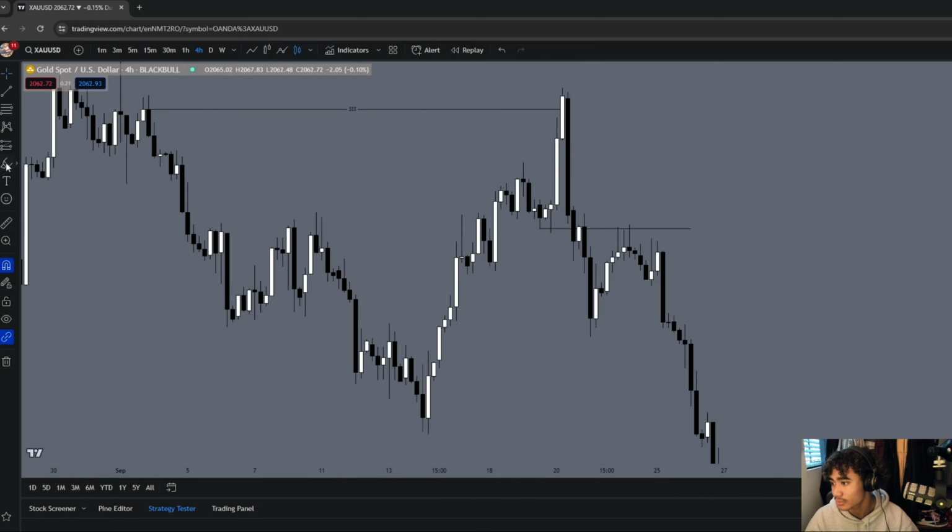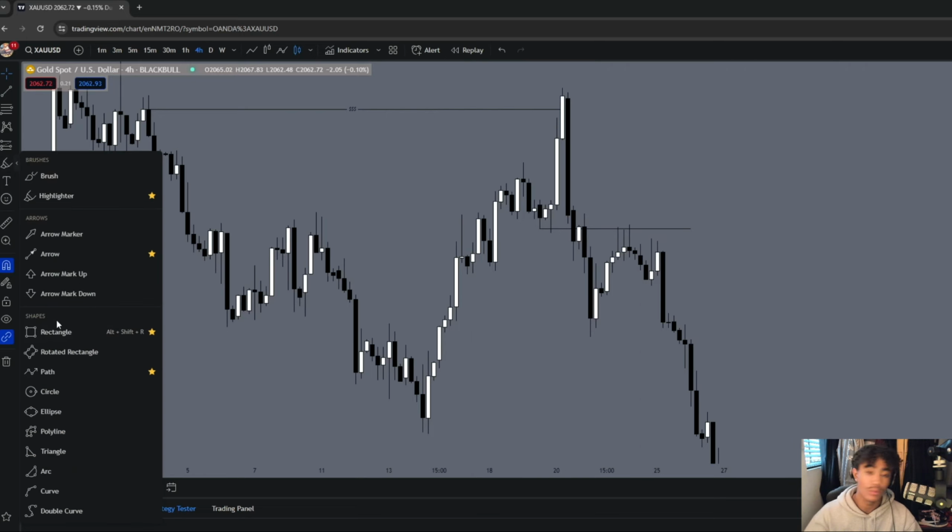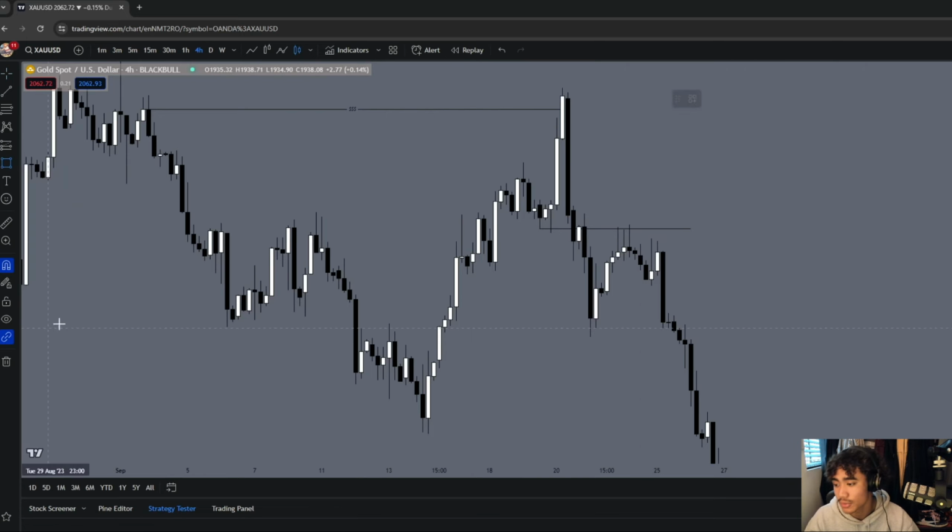Remember that. I have a video on it, link in the description, for the full understanding. But for you guys that do know what it is, bam, we have the order block right here. What does this do? Well, it has the potential to fill more orders when this price range gets tapped into.